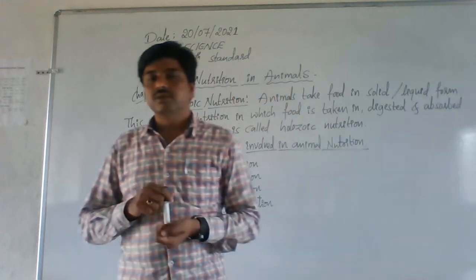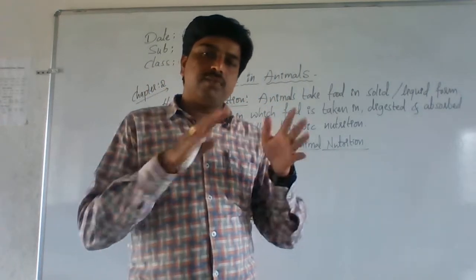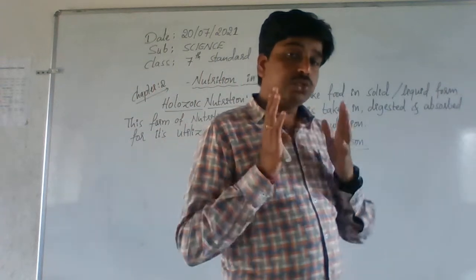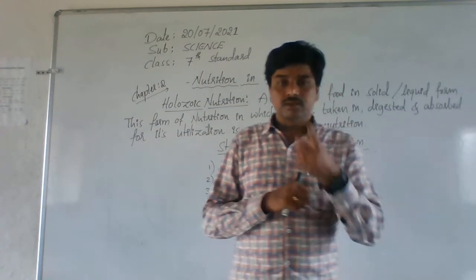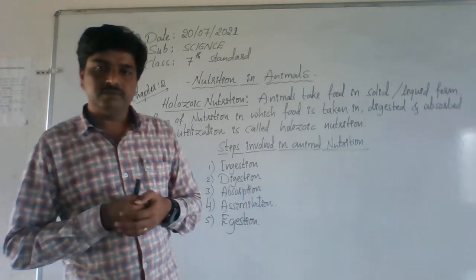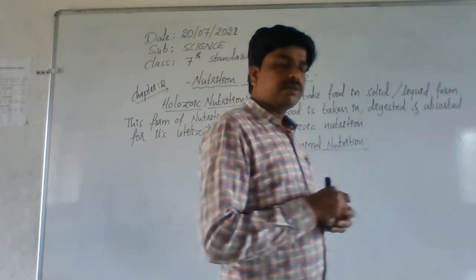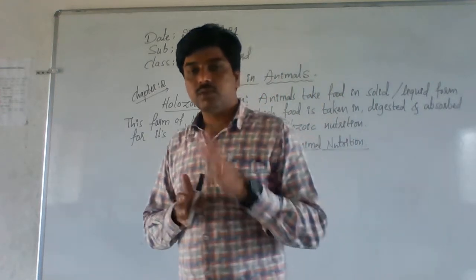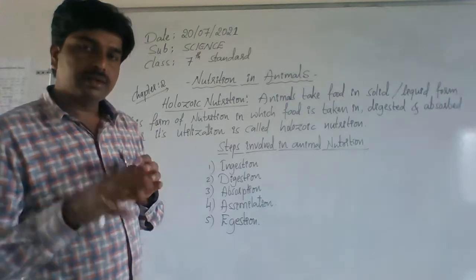Then in the case of animals, what kind of nutrition do they show? If you have this doubt in your mind, I will clear that doubt in this class. Don't worry. Let's see.